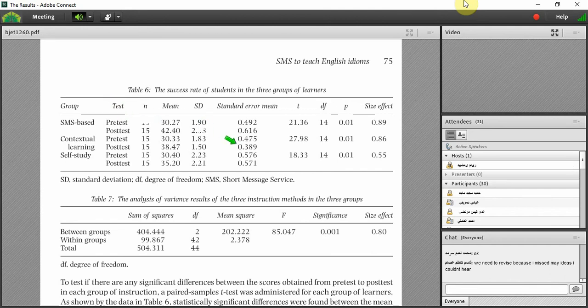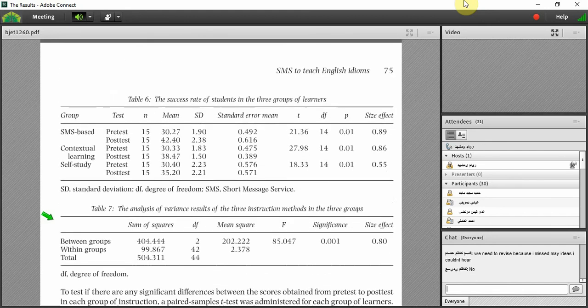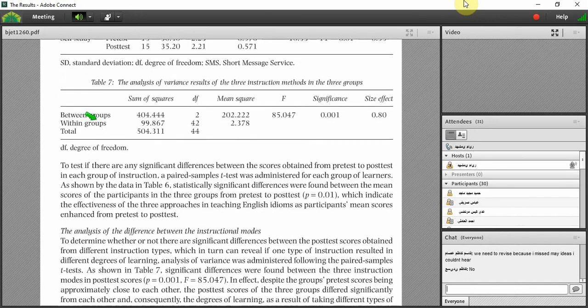Definitely not. But here I highlighted the main findings for the readers. It may be difficult for readers to understand what all these numbers are about, but you describe the table and highlight the main findings. See, statistically significant differences. You see what I mean, everybody?